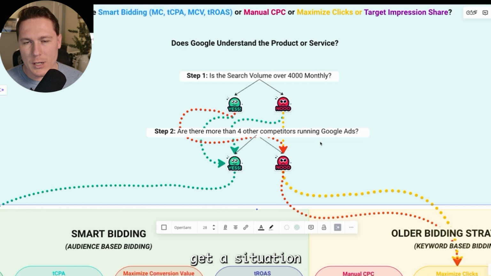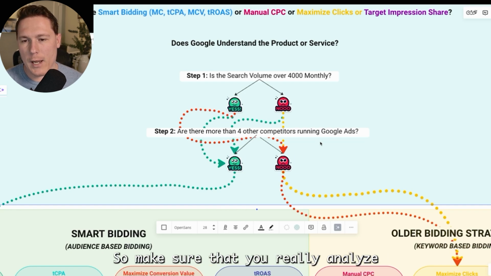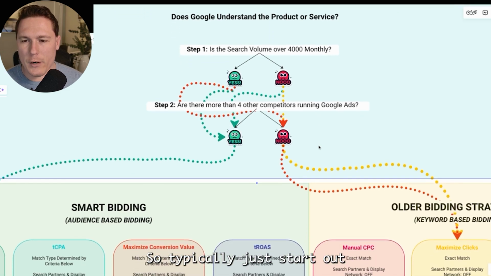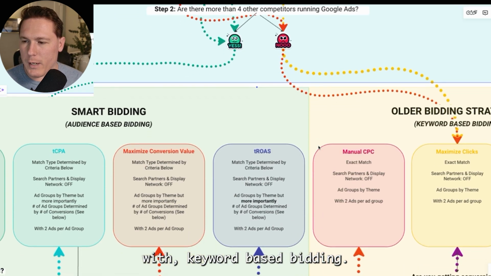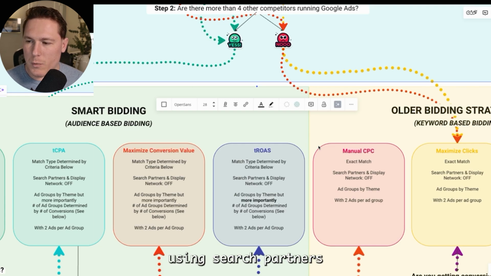Oftentimes you'll get a situation where people are bidding on keywords that don't really make sense, so make sure that you really analyze the competitors. Typically, just start out with keyword-based bidding. Maximize clicks is a great way to start out. Set search partners and display network to off, and then use ad groups by theme.